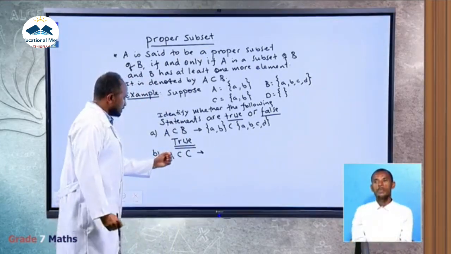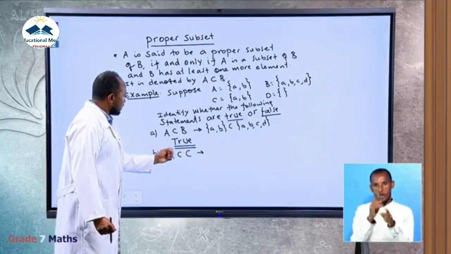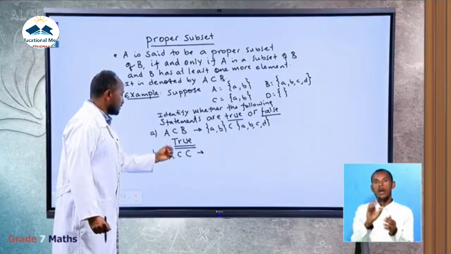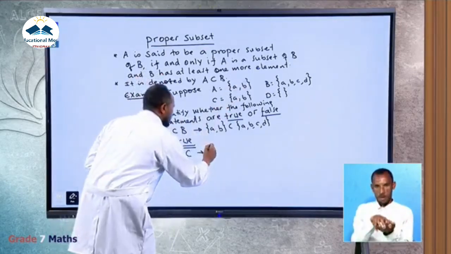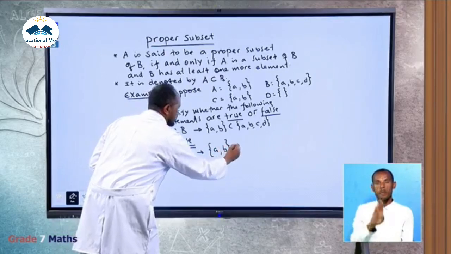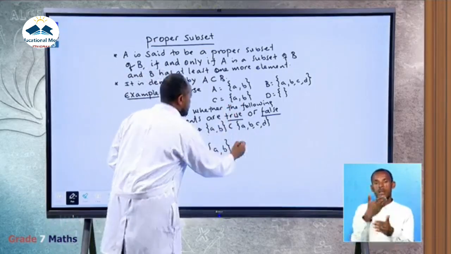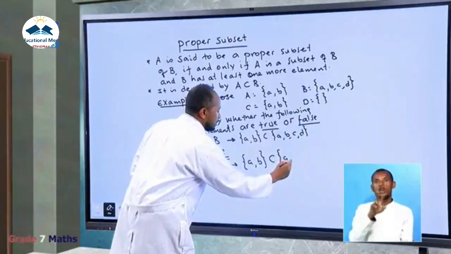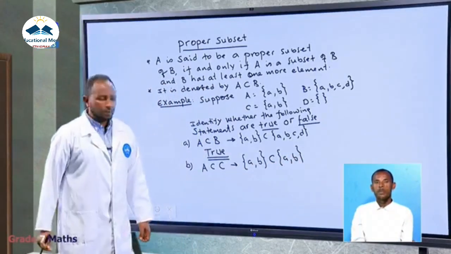Here it says set A is a proper subset of set C. Now let's see the elements that are found in set A. Set A contains the elements A and B. Set C contains these two, A and B. Okay.